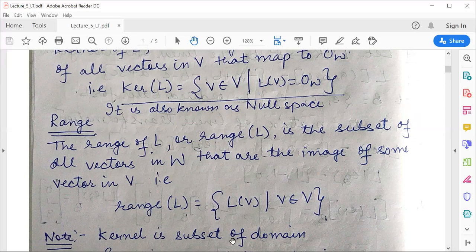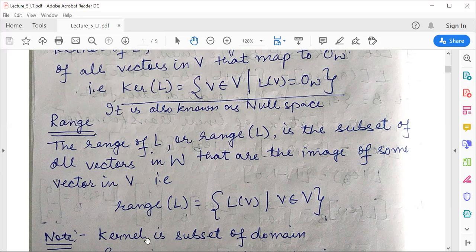When you are defining a linear transformation in a well-defined manner, you just choose some of the elements of both vector spaces. It never happens that you are making a linear transformation and it consists of all the elements of the vector space.